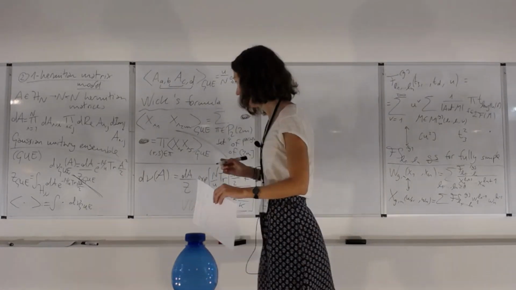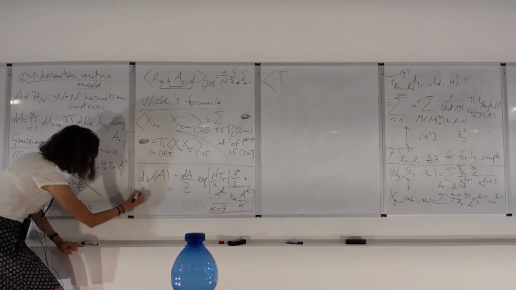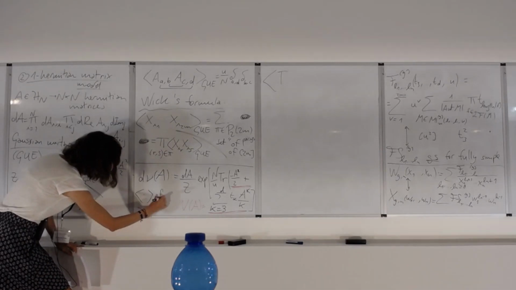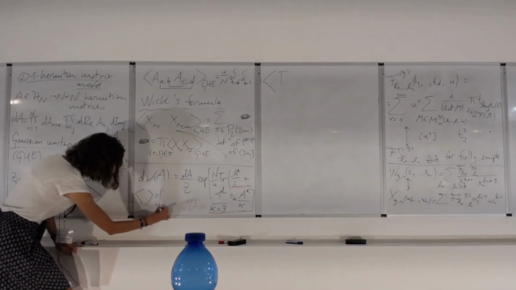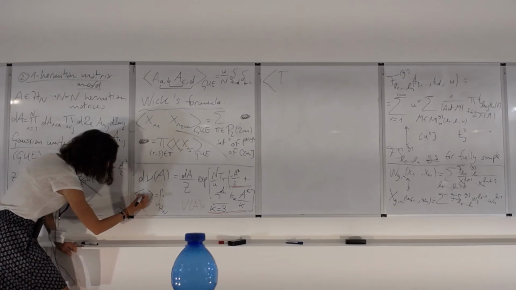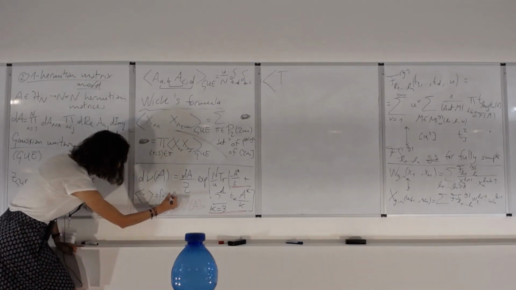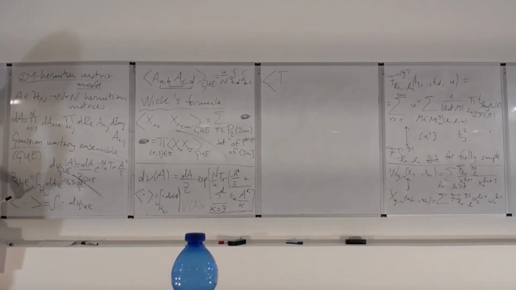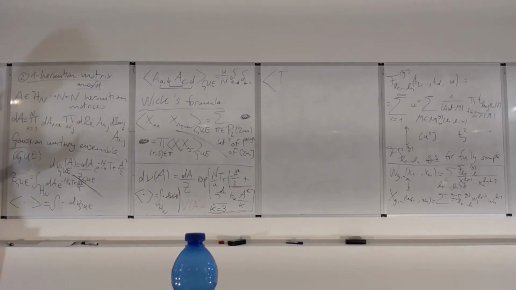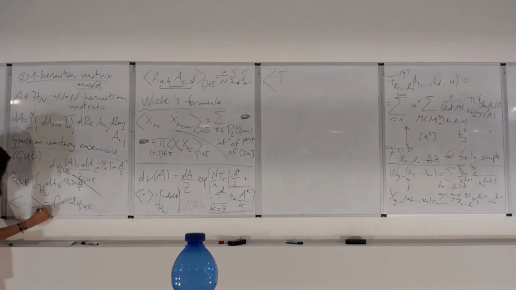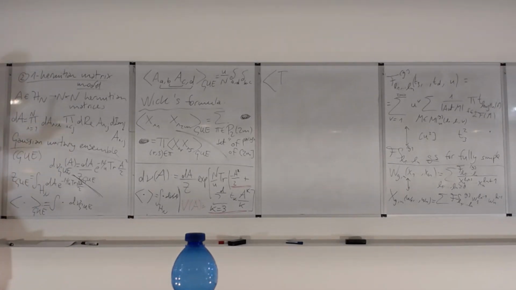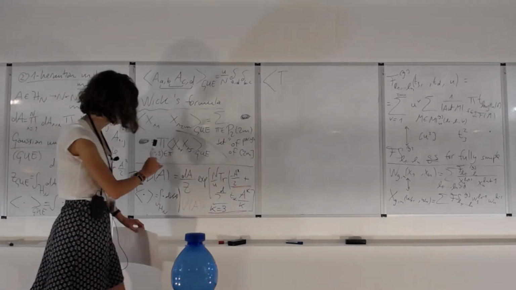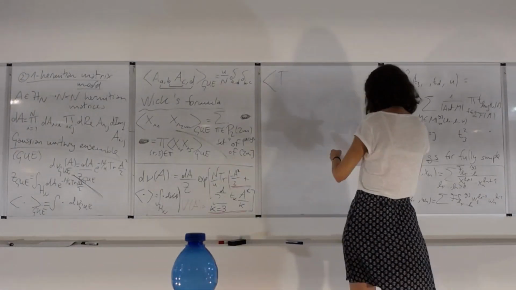I didn't say what this is. Now I'm just calling triangle brackets the expectation value of whatever you put inside with respect to this measure. I didn't write it, very bad. So this one is the bracket GUE, with respect to the GUE measure, and this one is the bracket non-GUE. So it's a bit more extended.